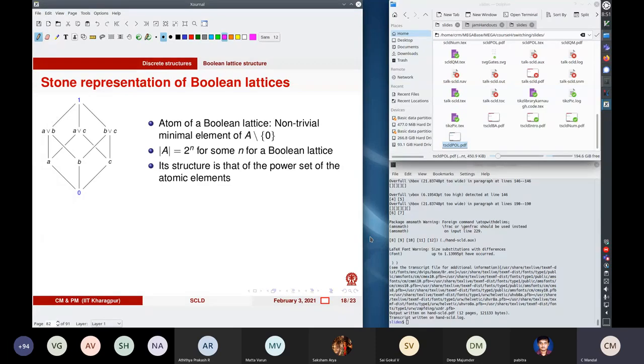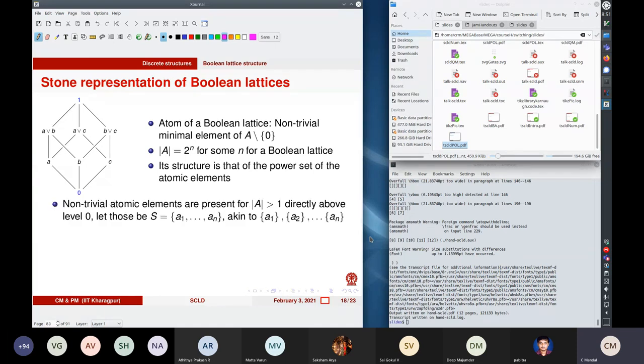constructed from n atoms. As you have already seen, the power sets of a given set of elements form a lattice. In fact, you will see that they actually form a Boolean lattice. Let us see how you can come to that representation.